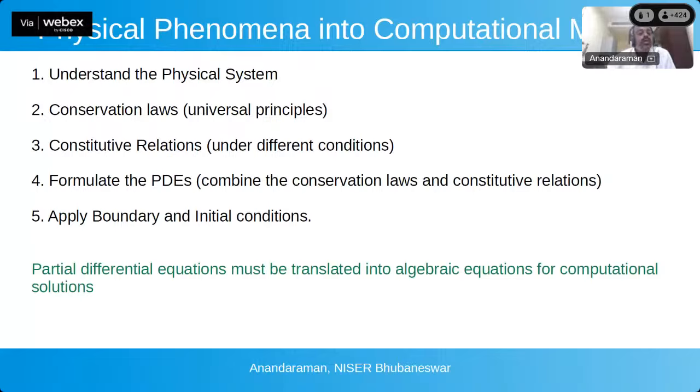For HPC and quantum, linear algebra is very, very important. Without linear algebra we can't do anything, because modeling the physical system as a mathematical model gives us partial differential equations. Then the algebraic equations get solved by the computer.